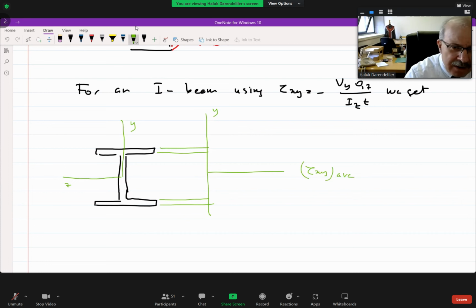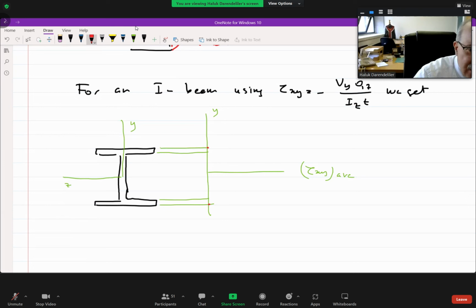In the same manner, look, the stress first increases. It is 0 at the top and 0 at the bottom. We know it. Don't forget, the shear stress, which you obtain from VQ over IT, is always 0 at the farthest point from the neutral axis.